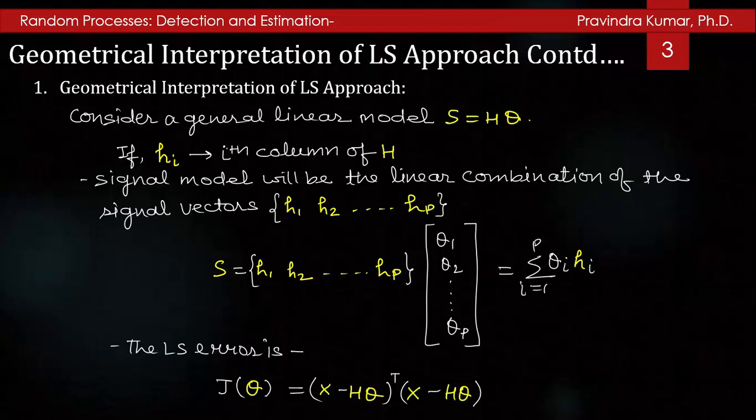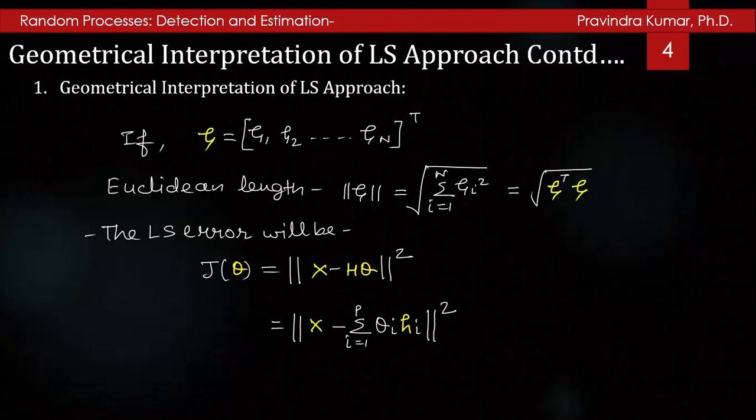And the least square error is J(θ) = (x − Hθ)^T (x − Hθ). If the Euclidean length of an n-dimensional vector ξ = [ξ1 ξ2 ... ξn]^T, then the Euclidean norm of ξ will be the square root of the summation i = 1 to n of ξi squared, and it will be the square root of ξ^T ξ.